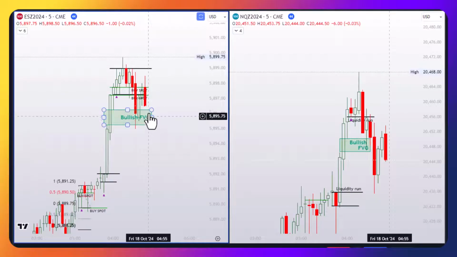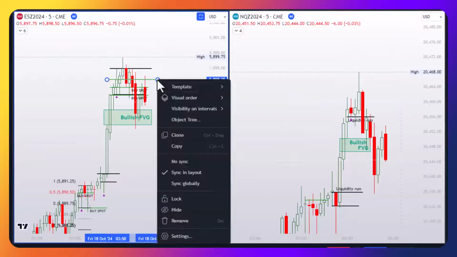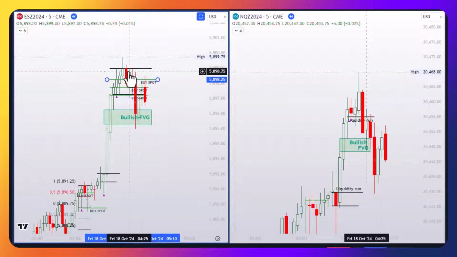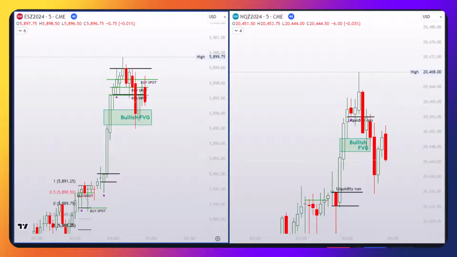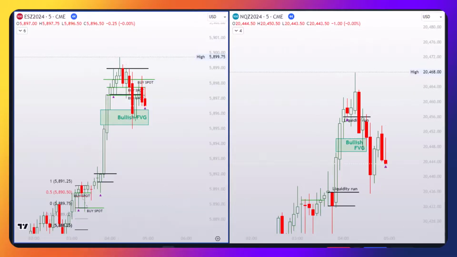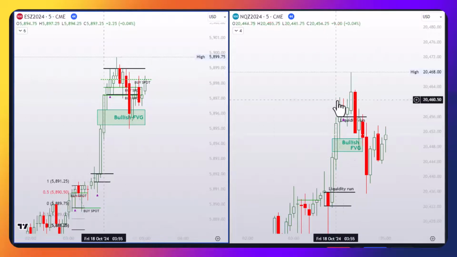Let's keep going. If you're bearish at this point, the top of the candle body is the discount area. So instead of a buy spot, it's a sell spot. If you're bearish, you want to sell above the candle body or above the candle wick. Let's keep going. It came back over it again.